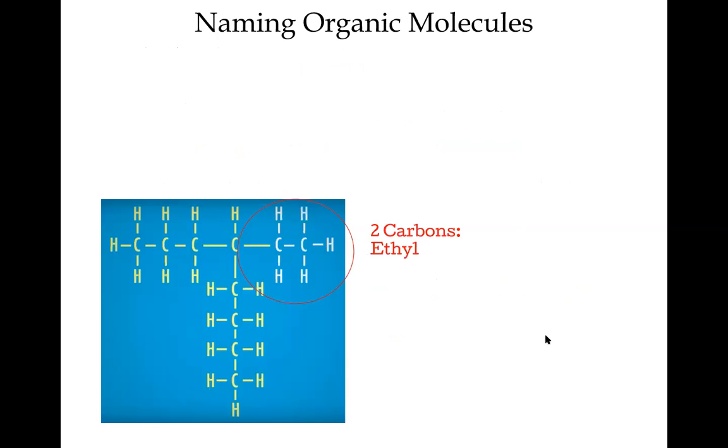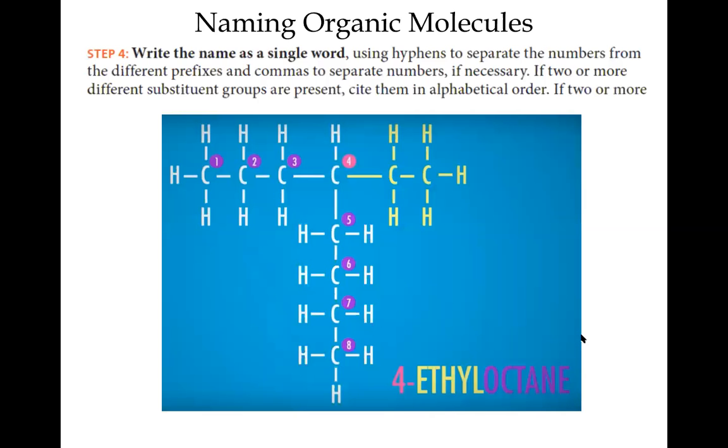So again, going to this example, we have two carbons, ethyl, right? That's an ethyl alkyl group. But the last thing we do is we just write it all out, okay? We use hyphens to separate numbers. And if we had more than one substituent, we'd use commas if there are more than one carbon, which I'll show you an example of later.